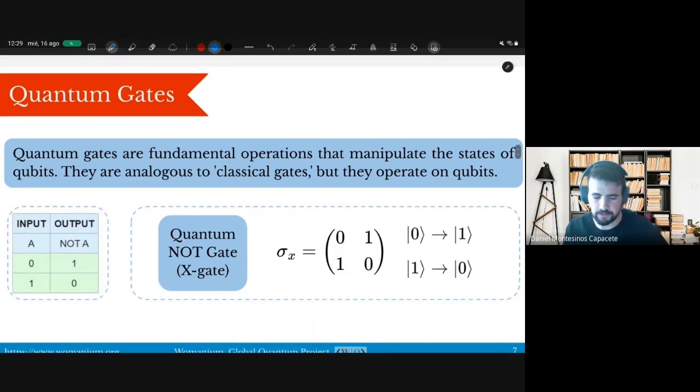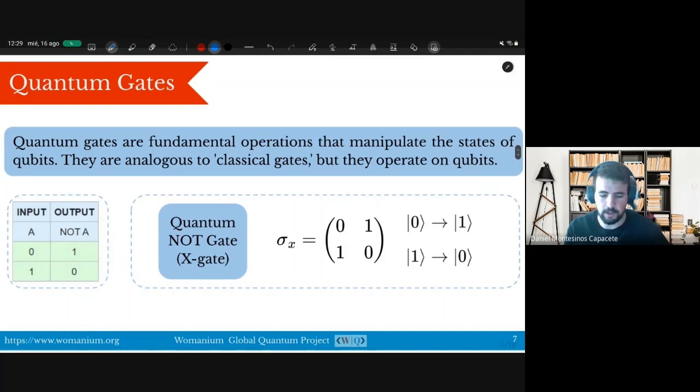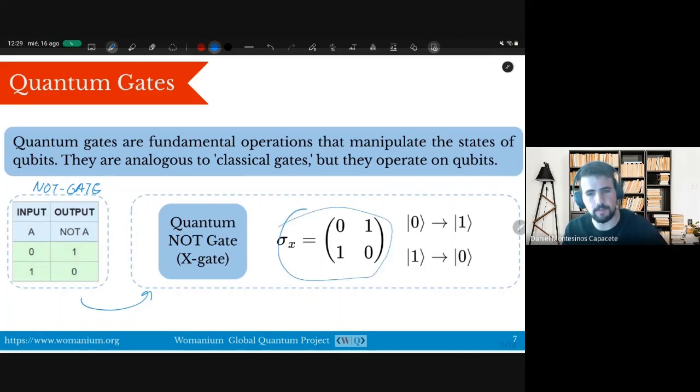So, for example, here I have taken the NOT gate that we have just seen in the classical case. This is the corresponding quantum NOT gate, and it's given by the sigma x Pauli matrix. Remember the Pauli matrices that we have discussed at some point in this course.